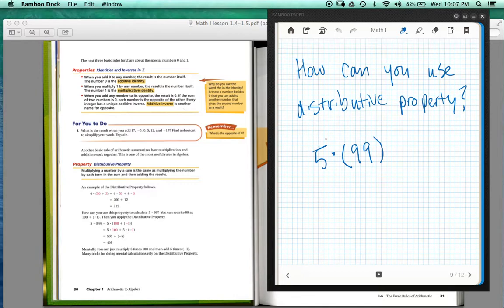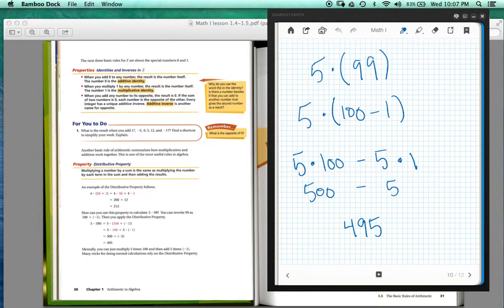So how can you use the distributive property? Say a situation like 5 times 99. Now, right off the top of your head, what is 5 times 99? Well, I don't know either. So the way we would use the distributive property is to change 99 to 100 minus 1. And then, like we did before, we distribute the 5 there and there.